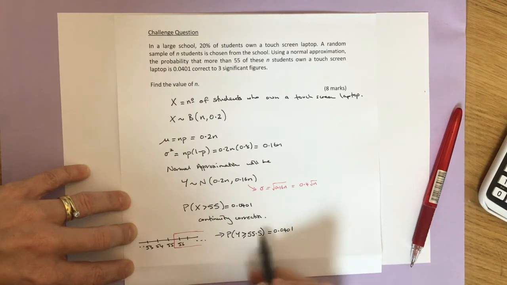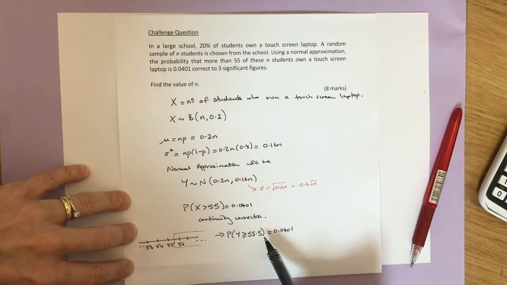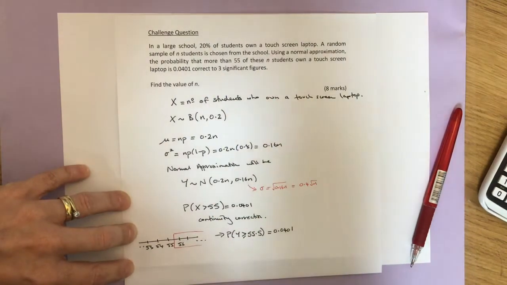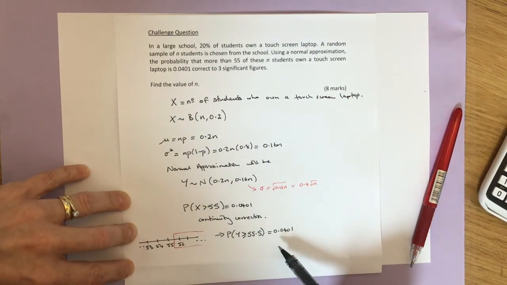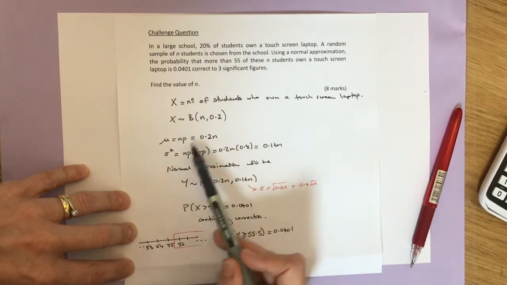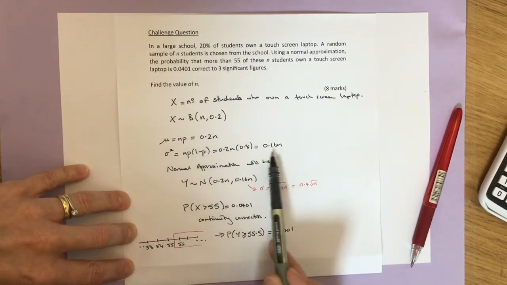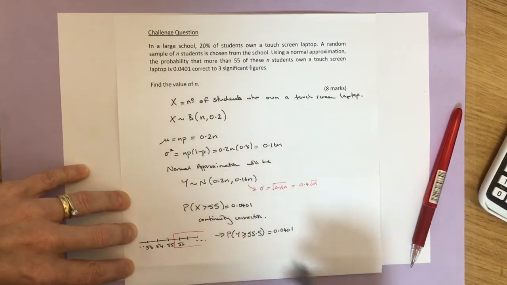Okay. In here then, we still haven't got n involved, we still haven't got a variable involved. And what we're going to do, and we've seen this before when we've looked at questions where we're asked to find mu and sigma, we're going to use the standardised normal distribution, because that will then get the mu and the sigma involved. So it'll get n involved in our equations here. So let's do that.